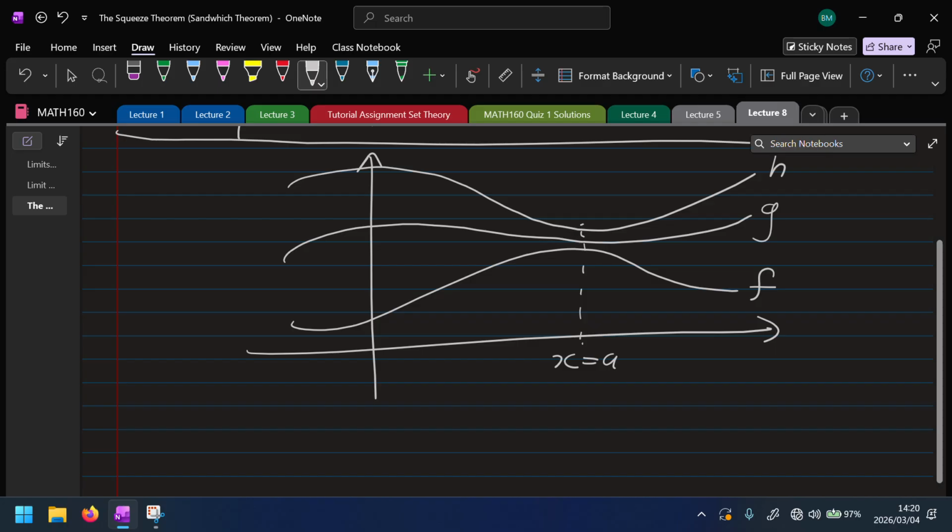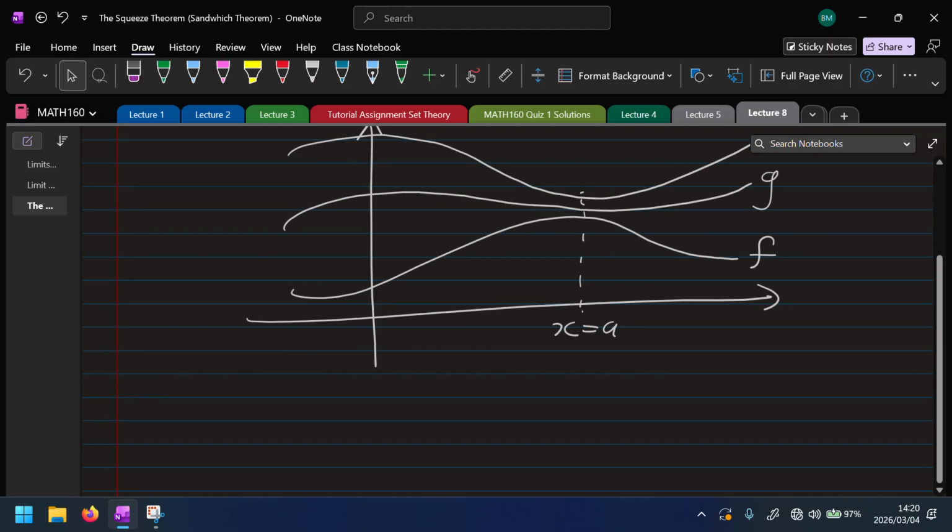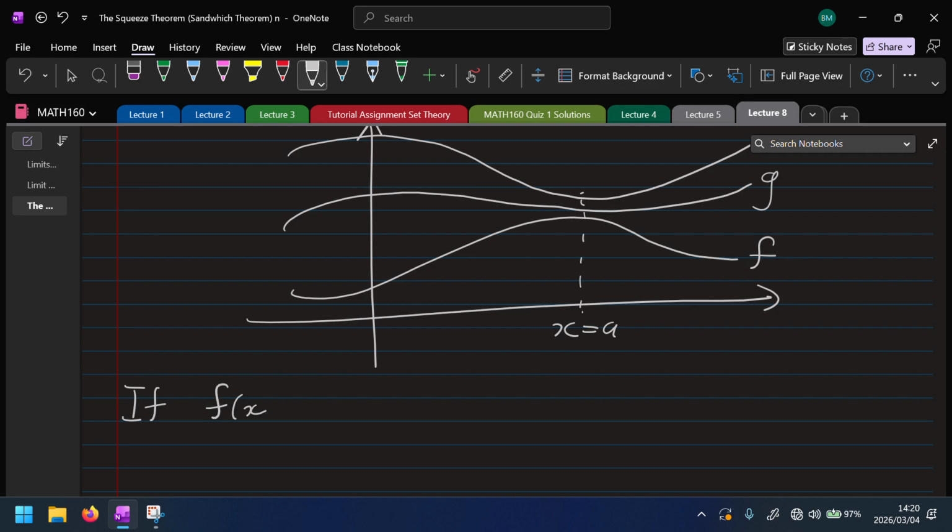So what we want to do is find the limit as x goes to a of g, the middle one, and we're going to use the top and bottom ones to help us out. We have f of x at the bottom is less than or equal to g of x in the middle, which is less than or equal to h of x at the top. So you must keep that ordering, f less than g less than h.